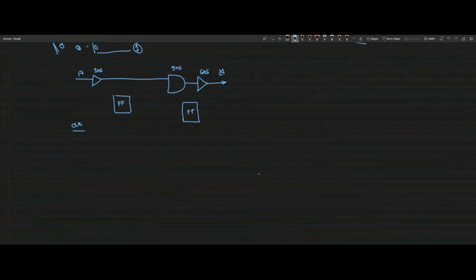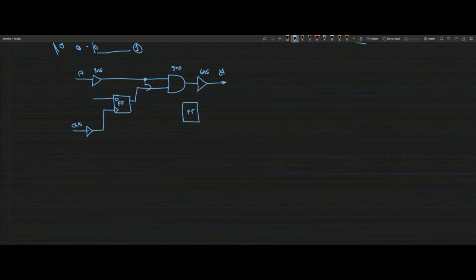The clock goes through one buffer and is connected here, and the data D and this Q output we connect here.